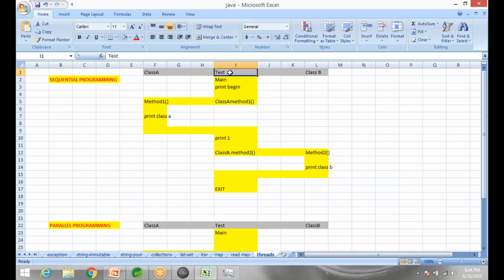It starts from the program which has the main method. And where does it end? Where does the program end? In the same main method, the same class which has the main method. It ends in the main method itself.